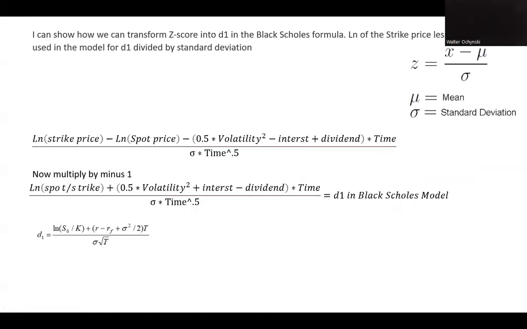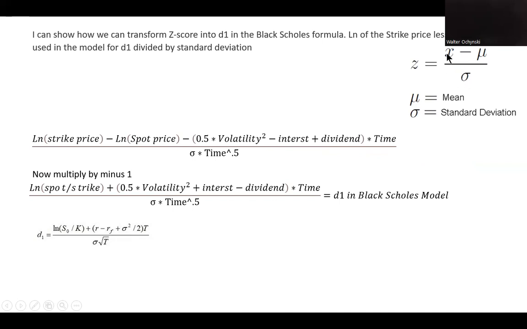With this information, now I am trying to prove what I said before, that when we have the z-score, the z-score is defined as the x variable minus mean divided by standard deviation.